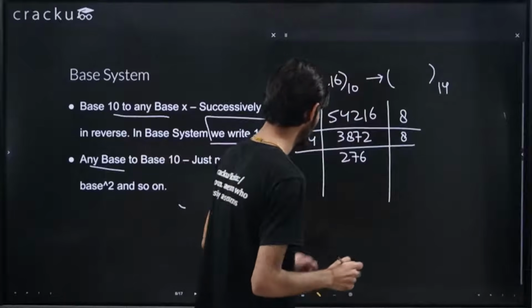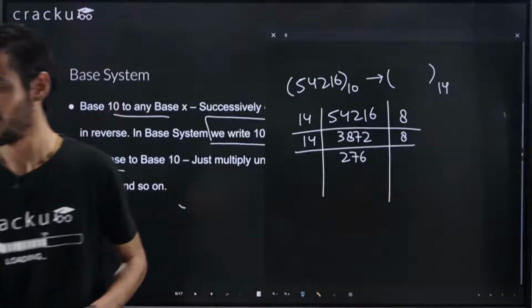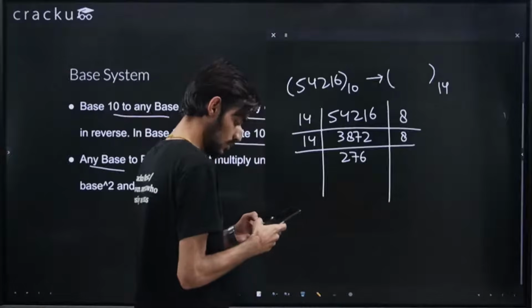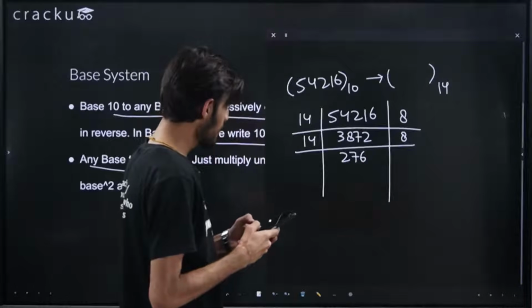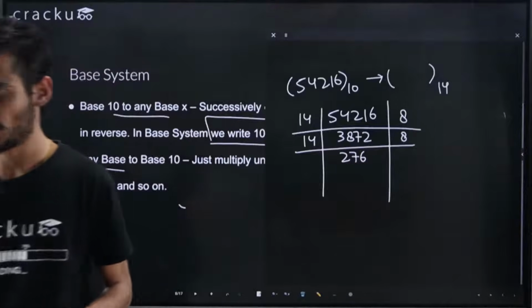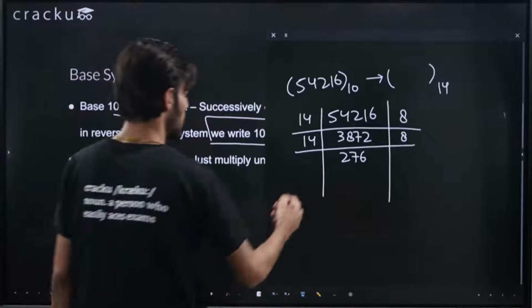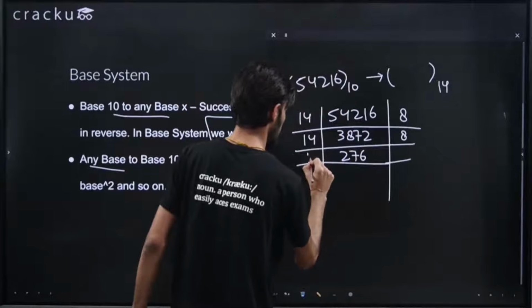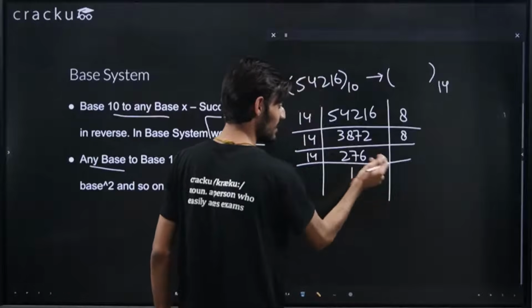Again, I think I have made some error. So 276 into 14. Yes, it is correct again. Now it is 14 into 1, that is 14. So 136.